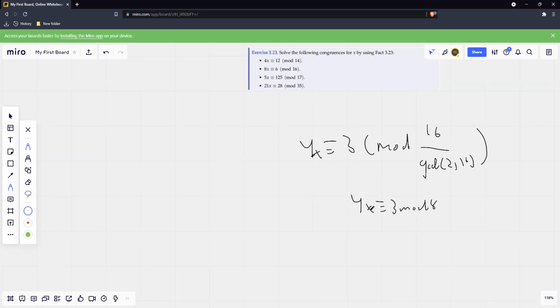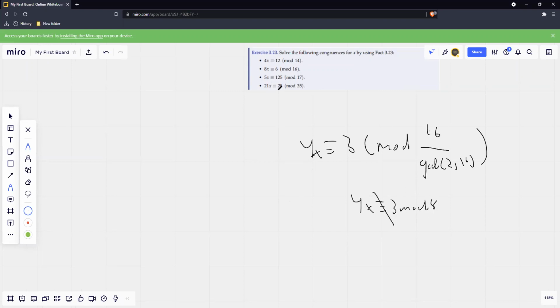As you can see, this is even, but this is saying that it needs to be an odd number. Therefore, there's no solution, right? This will always be even. This is basically the set of all numbers that are 3 modulo 8. All the numbers in this set are going to be odd, but this is an even number, so there's no chance of it being in this set. So there's going to be no solution.